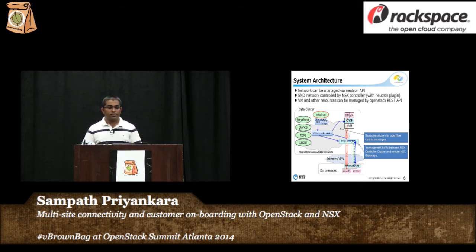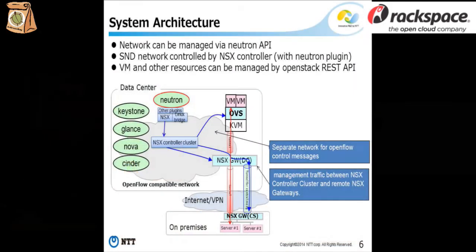We have the OpenStack projects like Nova, Cinder and Glance. We put a gateway server on the customer side and another gateway server on the data center side. Then we connect those two gateways with a secure tunnel, so the customer can communicate to the servers on the other side of the network. We also have another network only for controlling.